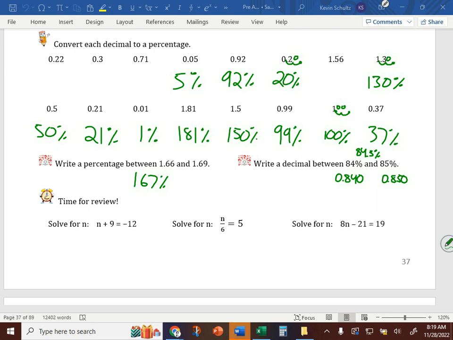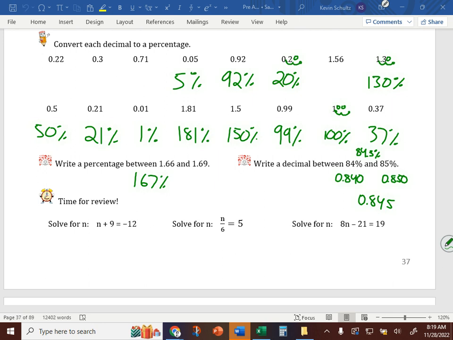There we go. You were so close with your 845, you're all very, very close, but the decimal would be 0.845, right? Because 845 is between 840 and 850. Okay, so there's the decimal value that's between 0.840 and 0.850. That knowledge of adding a zero to the end of a decimal, very, very handy, and we see it here.